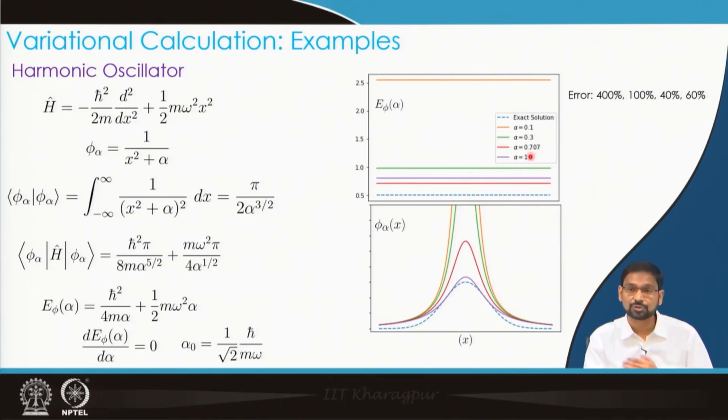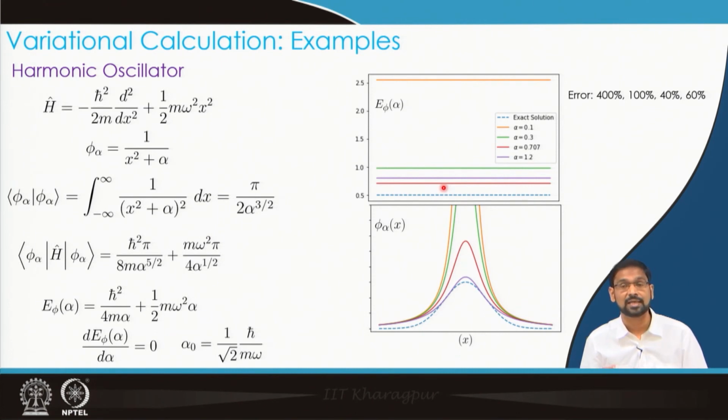Now I am overshooting the best value of alpha, that is 1 over root 2, and going beyond that. So I am taking another value as alpha equals 1.2. You see that from orange to green to red, the energy was approaching closer to the true energy, but when it overshoots the best value of alpha and goes further, then again you see this purple line shows that the energy is going further away from the ground state energy.